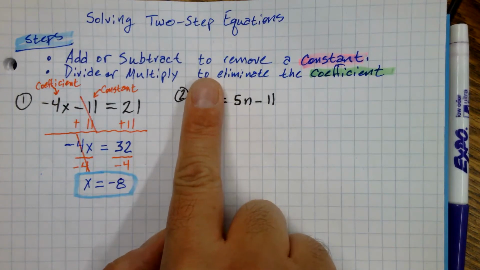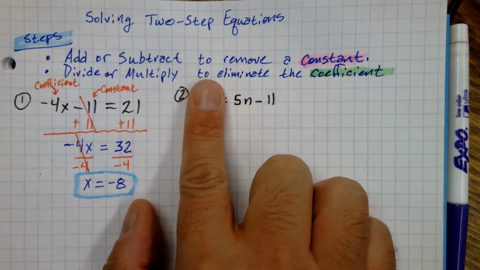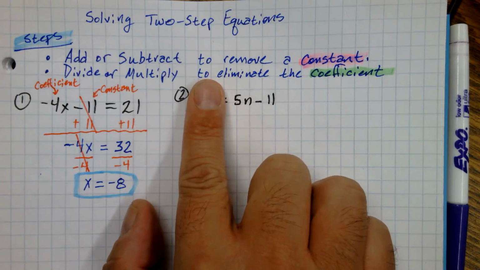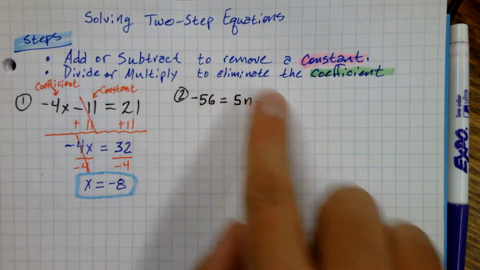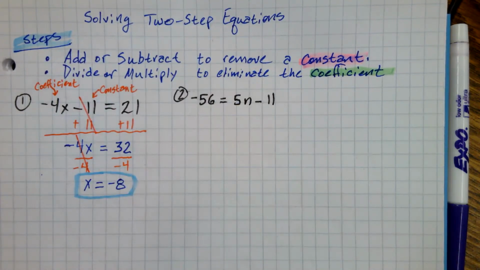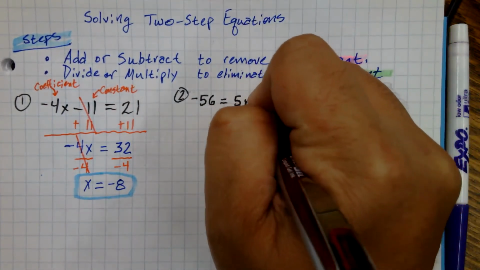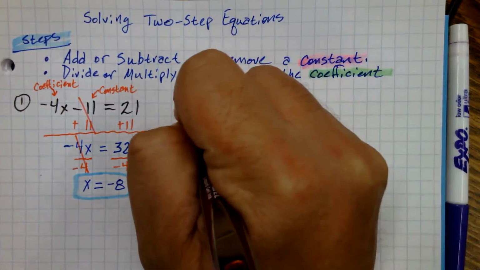Which is our coefficient? 5. What's our constant? 11 again. Negative 11. I like the way you said that. So let's get rid of that negative 11 again. Same thing. Add or subtract to remove the constant. Add again. So we'll do a plus 11 again. It's okay.